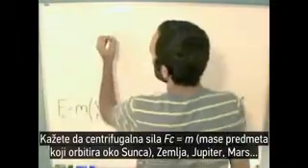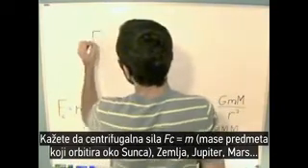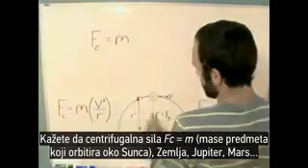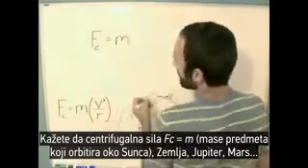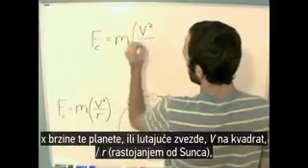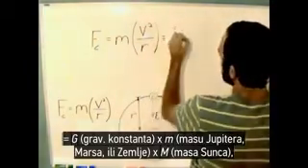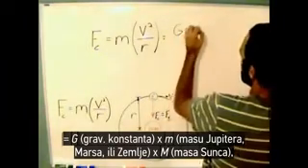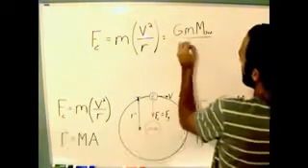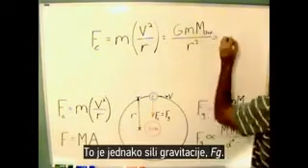You say the centripetal force Fc is equal to the mass of the object orbiting the Sun, which we still have as the Earth here, or Jupiter, or Mars, times the velocity squared of that planet, or wandering star, divided by the distance from the Sun, r, is equal to the gravitational constant times little m, the mass of Jupiter, or Mars, or Earth, times big M, the mass of the Sun, divided by the distance that object is from the Sun squared, and that's equal to the force of gravity.